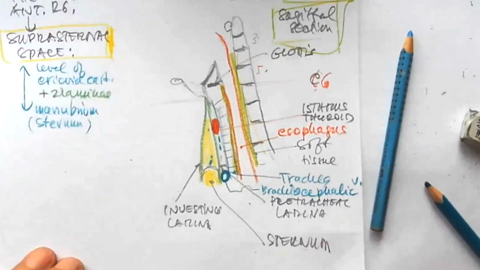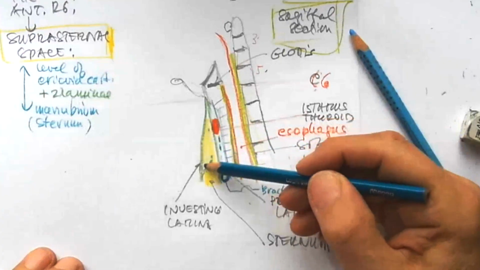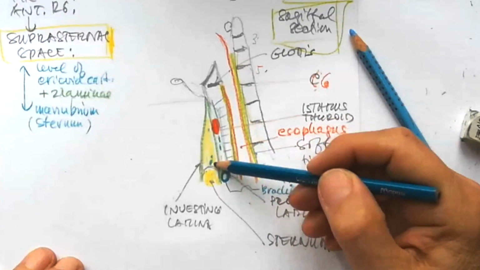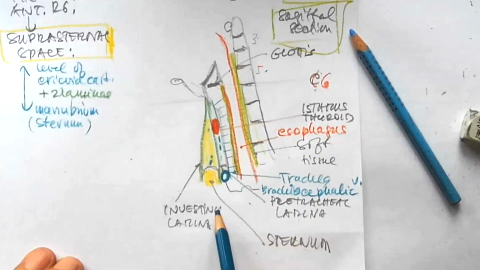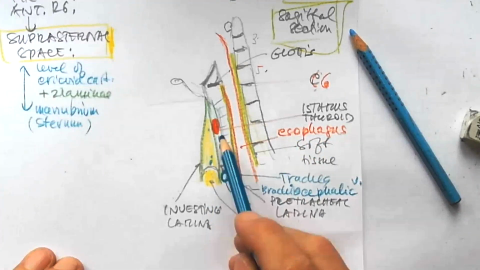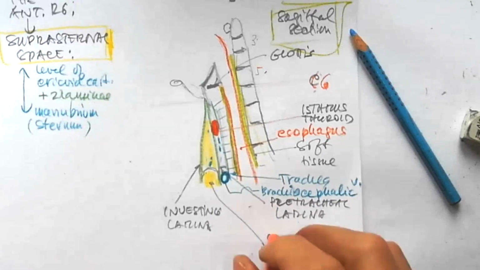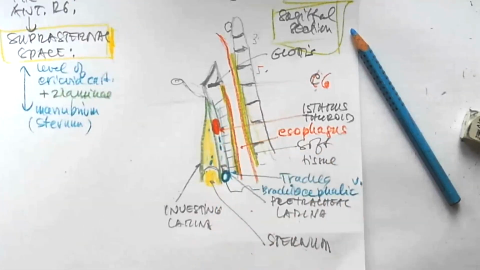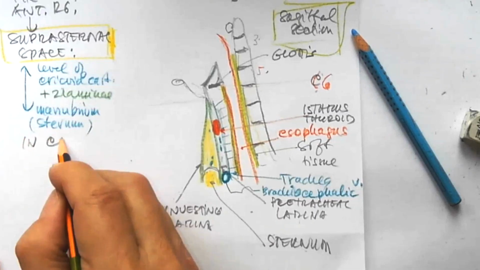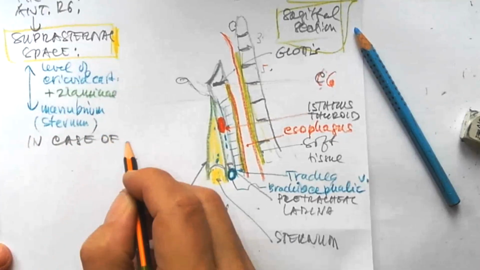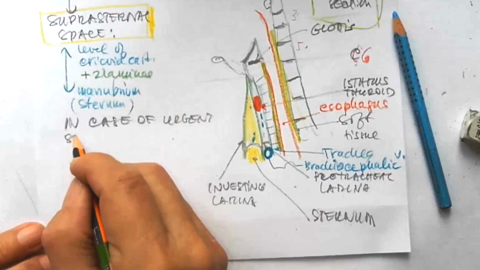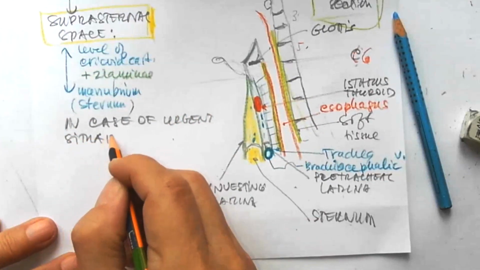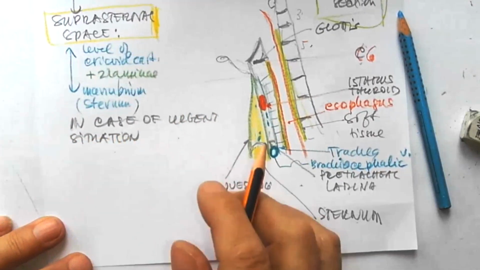So the main spaces are quite clear. Suprasternal, investing lamina, pretracheal lamina, sternum, then isthmus of the thyroid gland. And then speaking about some urgent situation, we know that it could be a blockage.